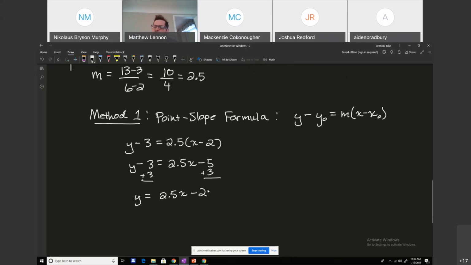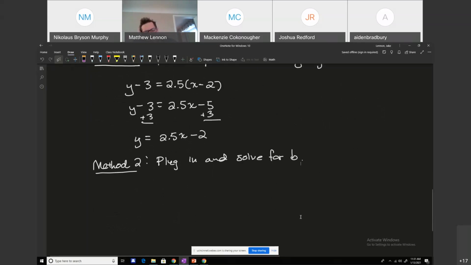Method 2 is just using the slope-intercept form and essentially plugging in. So method 2, I would say, is plug in and solve for b. It doesn't rely on using another formula other than y equals mx plus b. So we know our line has to look like y equals 2.5x plus b.